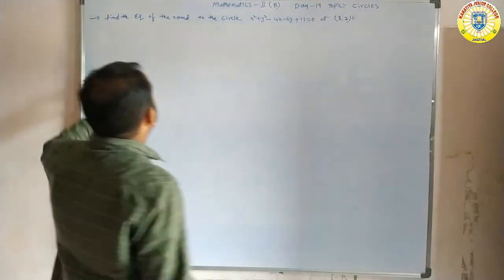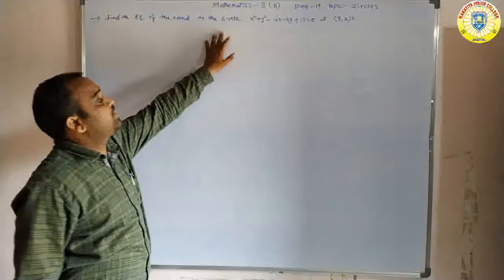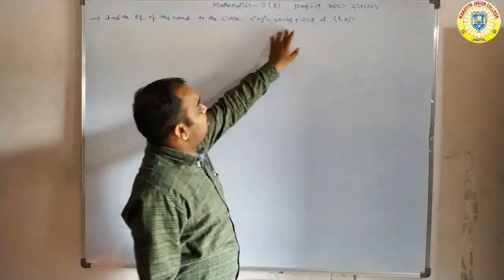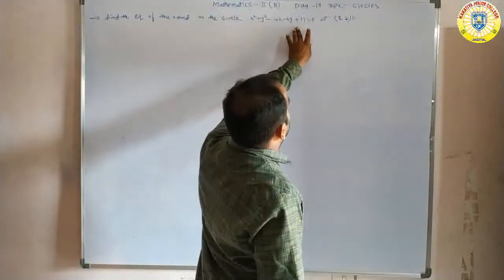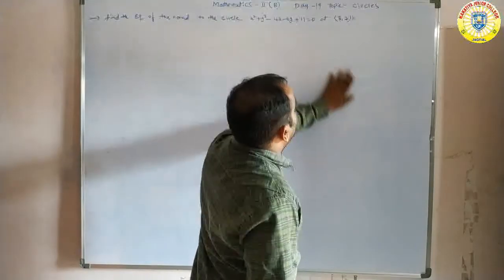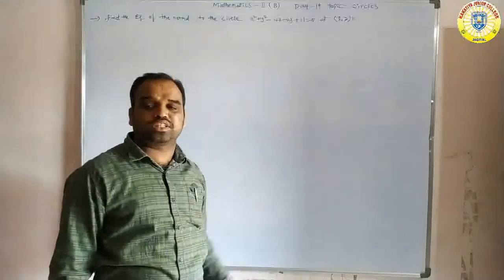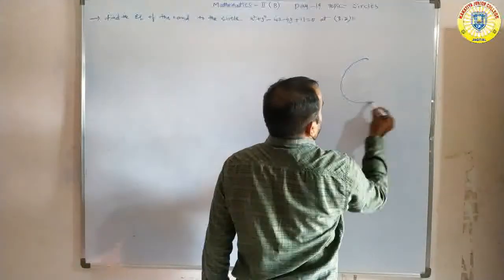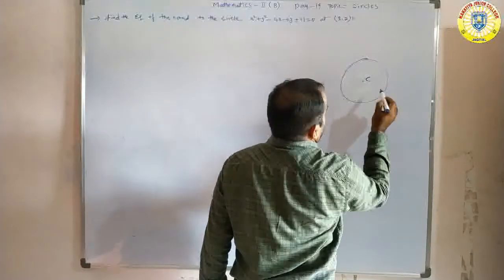Now we are finding the equation of the normal to the circle x square plus y square minus 4x minus 6y plus 11 is equal to 0 at the point 3 comma 2. Here this is the circle, and this is the center.